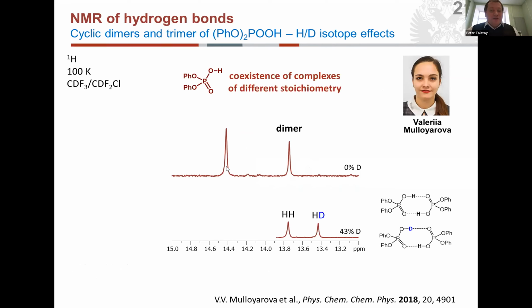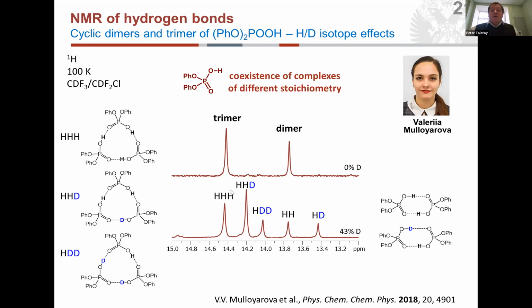The second signal, at slightly lower field, splits into three. And this larger number of isotope effects tells us that there are more spots for deuteration in the complex. We can actually count the number of spots for deuteration just by counting the number of new lines appearing in the spectrum.